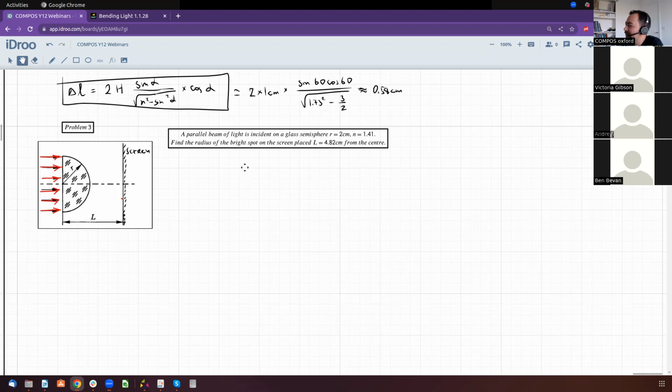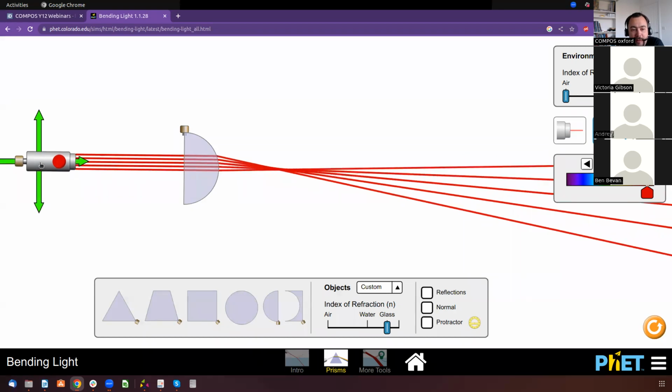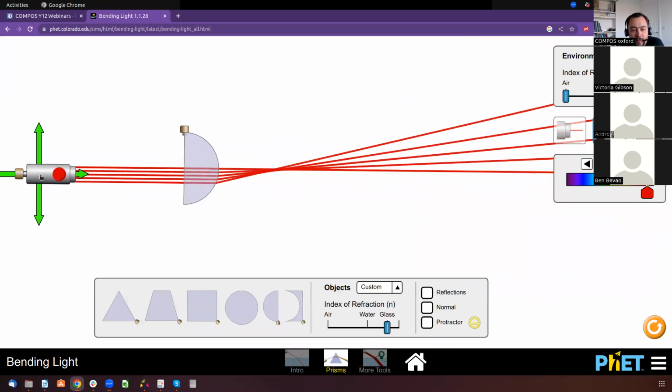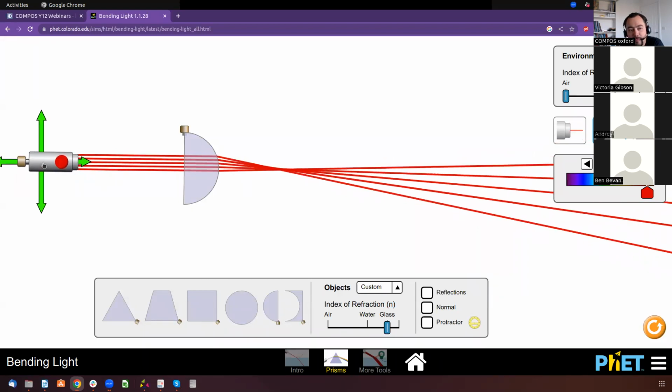So, Alexandra, do you understand the limitation? So why would there be a limit? I think it's got to do with the critical angle.